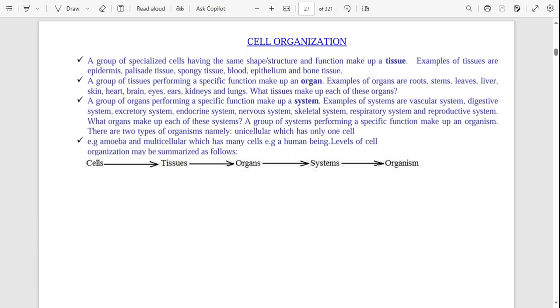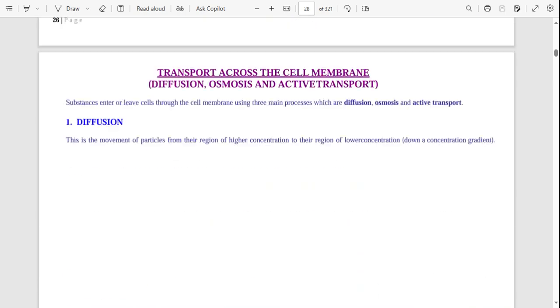And the systems include the cardiovascular system, the digestive system, the excretory system, endocrine, nervous, skeletal, and these others. And then a group of systems performing one function will make up an organism. So from cell to tissue, tissue to organ, organ to system, system to organism.